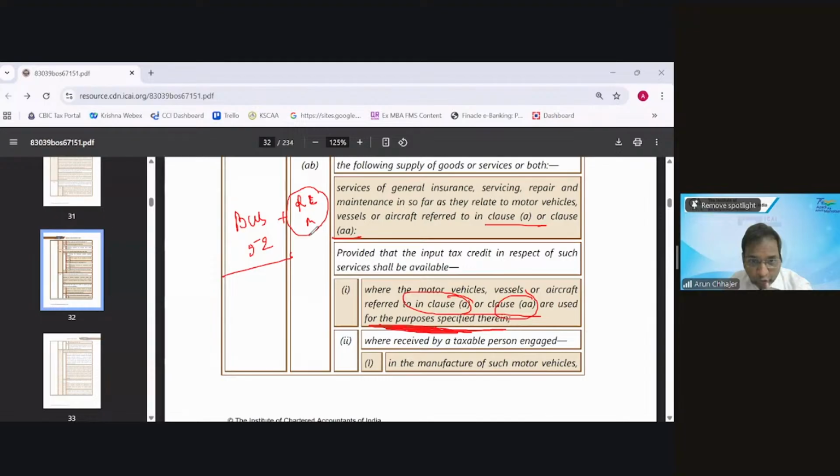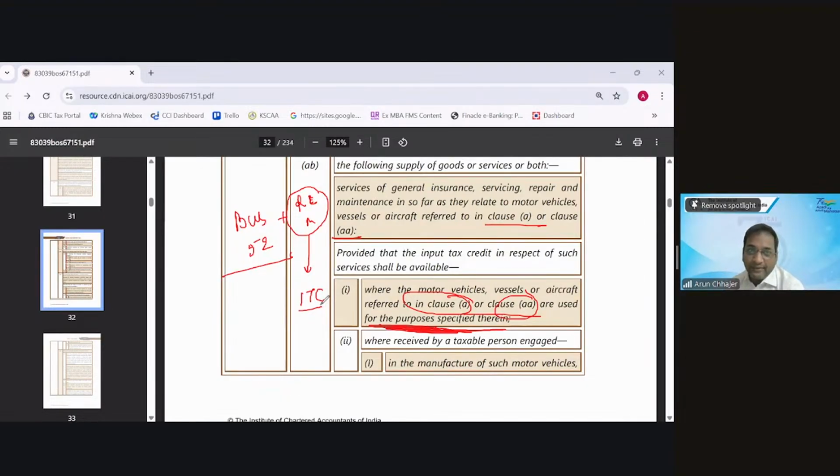My question to you, will the ITC of repair and maintenance be allowed or not? Very nice. You all are correct.